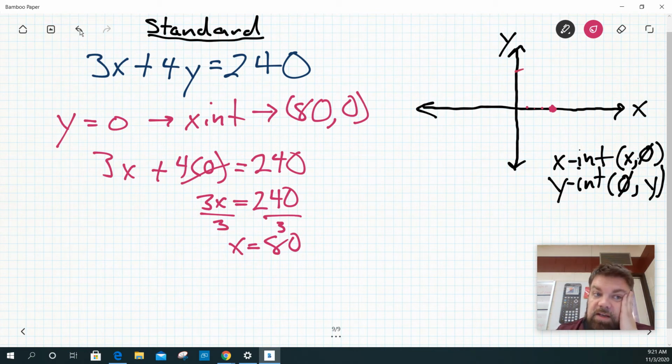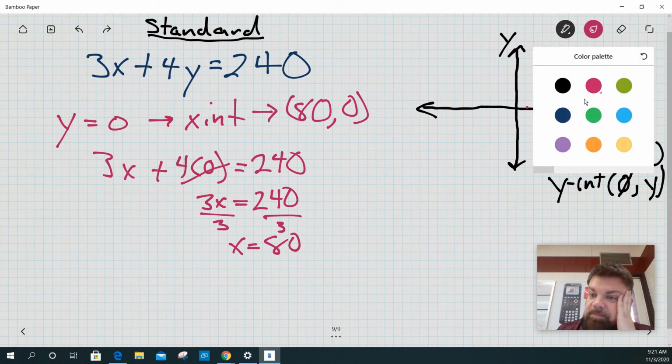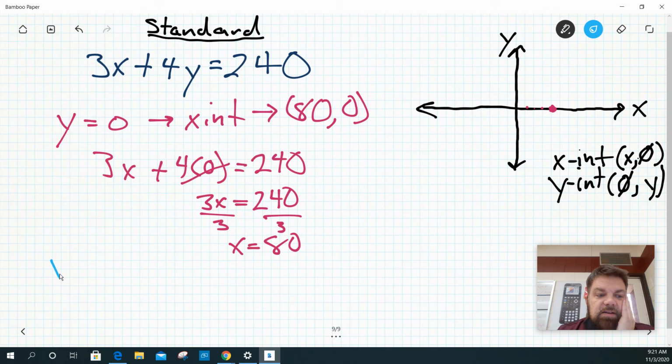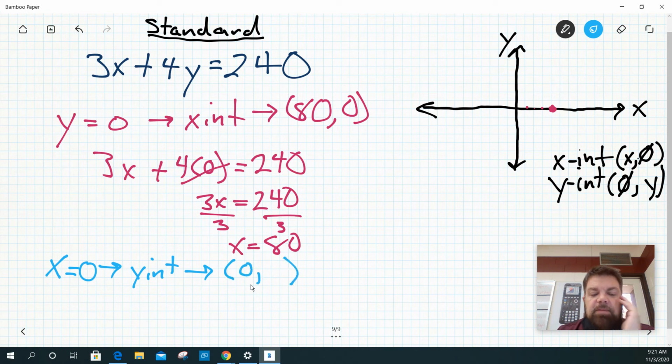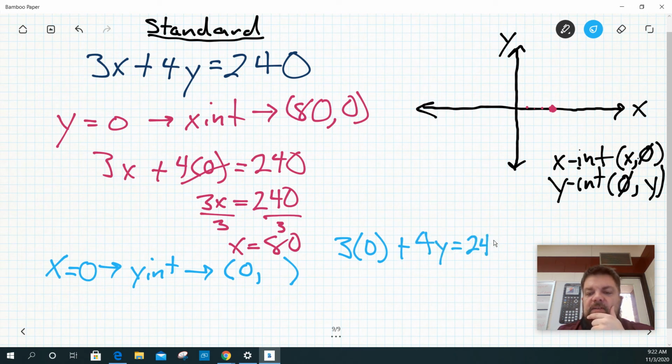All right. So now let's do the y-intercept. I'm going to let x equal 0. That'll give me my y-intercept. So same scenario, I'm going to say 3 times 0 plus 4y equals 240.